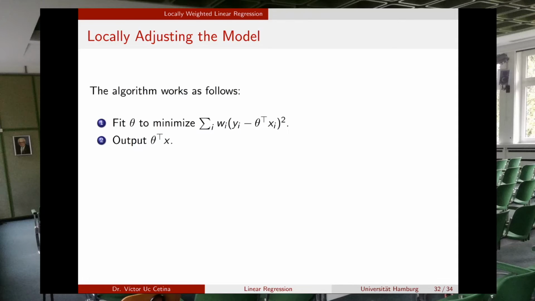Okay, finally I would like to talk a bit about locally weighted linear regression. This locally weighted linear regression is called a non-parametric method. It is called this because you need to save your data in order to apply it.